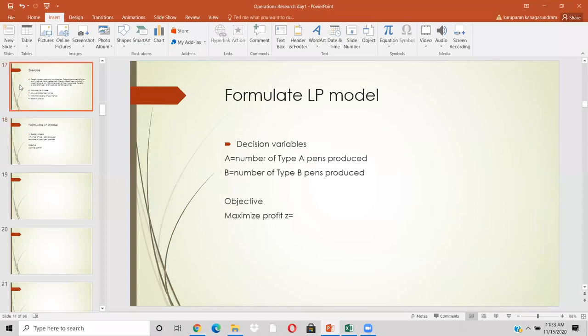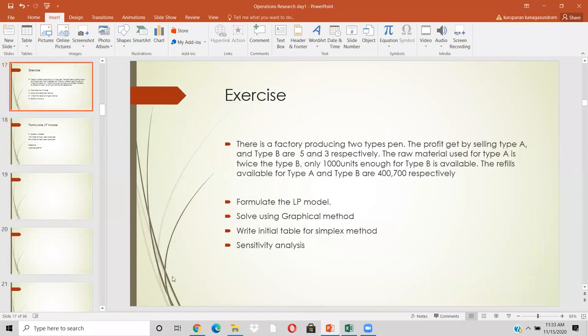Profit is equal to, how much profit is earned by 1 unit of type A, that is $5, and from 1 unit of type B we can earn $3.